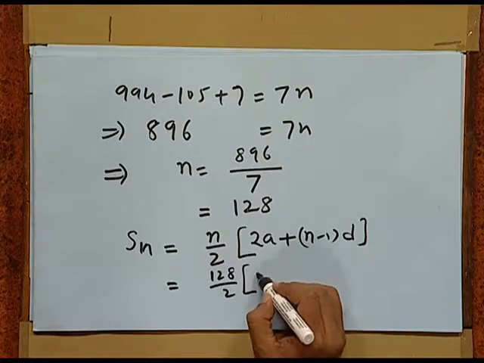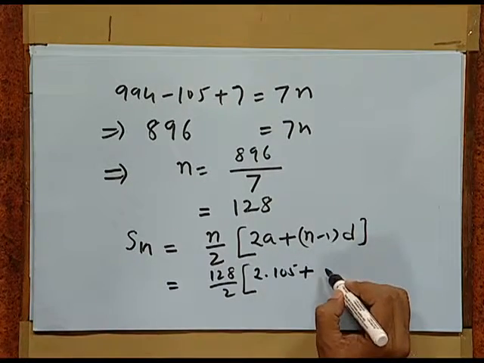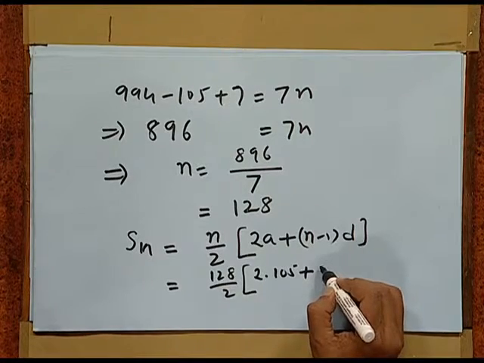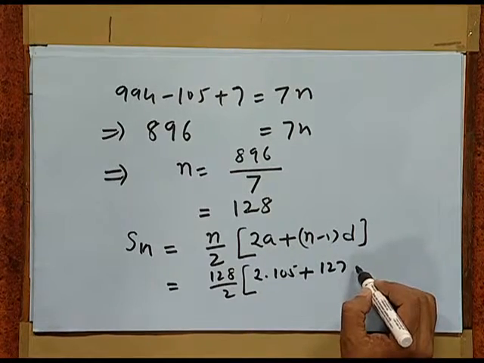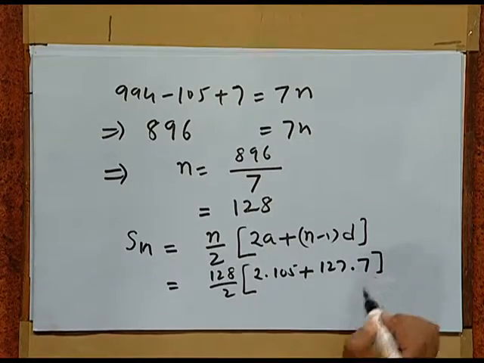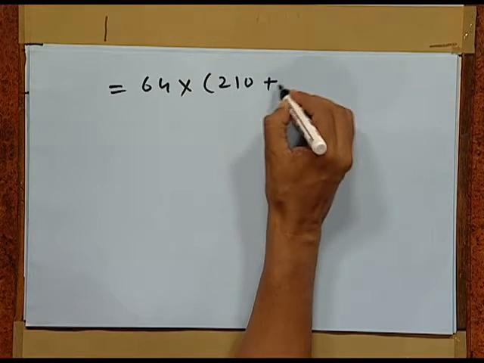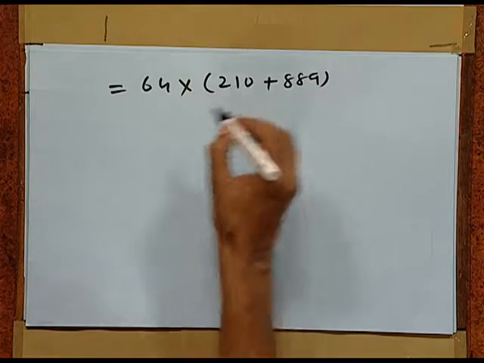Our a was 105, so it is 2 times 105 plus, n was 128, so it is 127 times d, which was 7. That equals 64 times 210 plus 889.